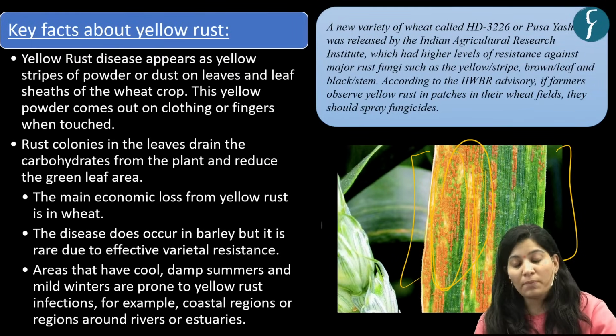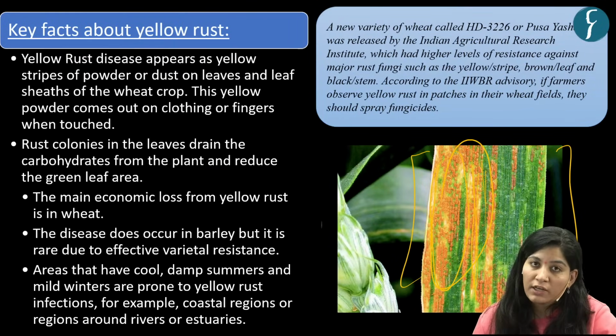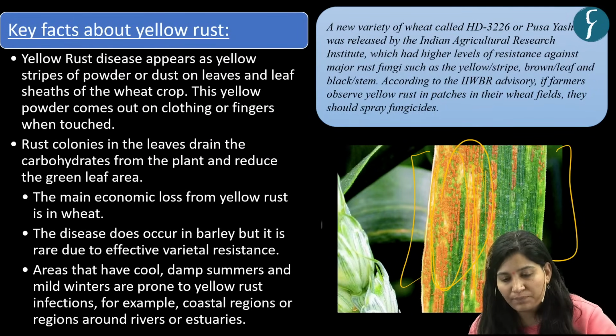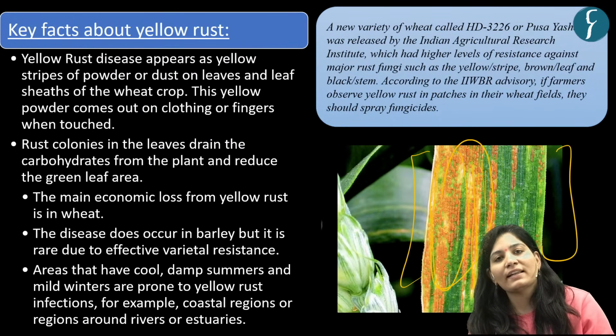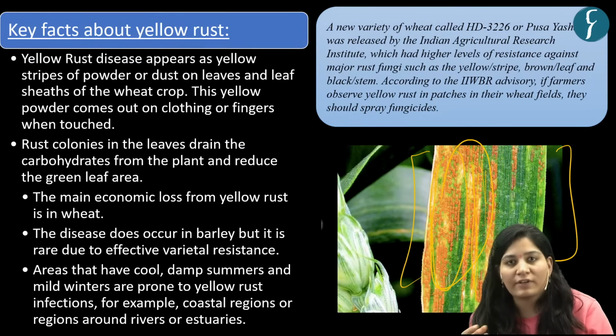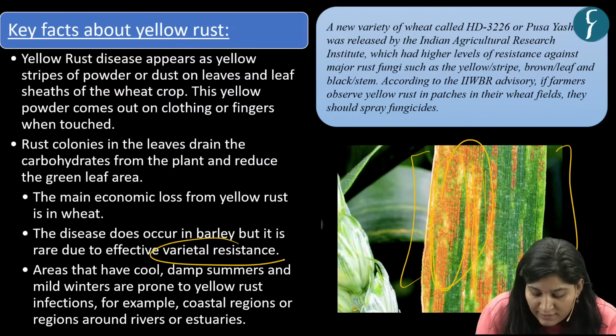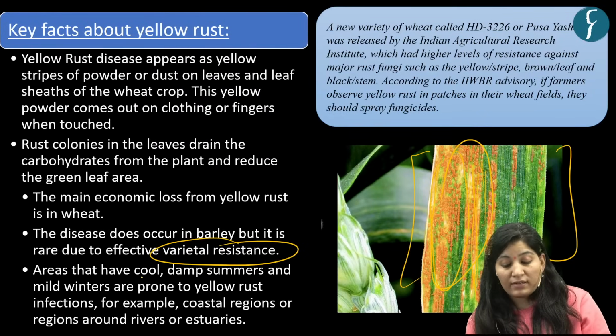And this yellow powder comes out on clothing or fingers when touched. And it is a huge concern if we talk about economic loss. And it is not specifically limited to wheat. It does occur in barley, but there it's quite rare. Why? Because of varietal resistance.